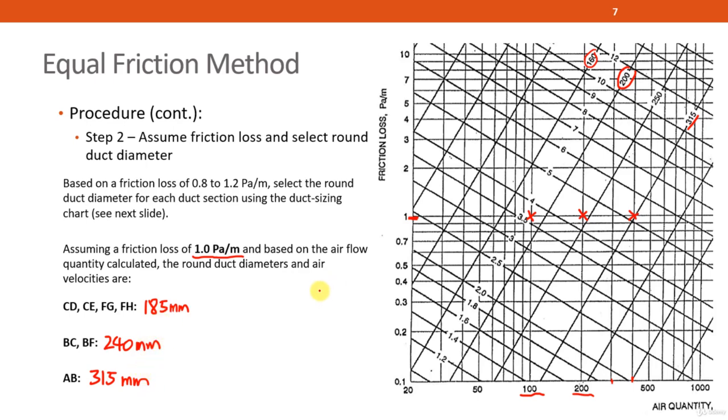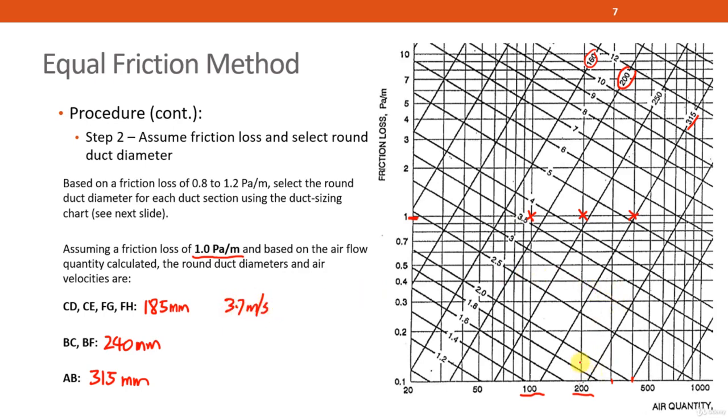Let's also read off the 3 respective air velocities. For the first section, the smallest duct, it is between 3.5 and 4, so the air velocity is roughly around 3.7 meters per second.